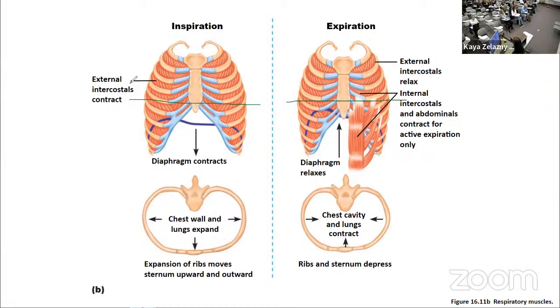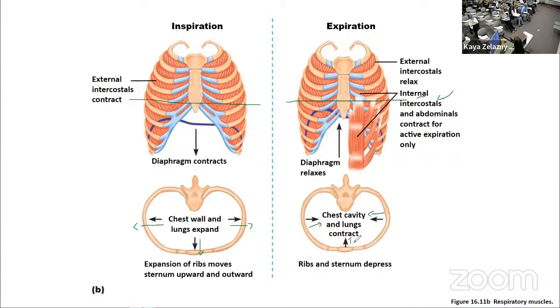Because of those external intercostals, they are going to pull the ribs out to the sides, going up and out. The sternum's doing the same thing, since it's attached to the ribs. The internal intercostals do the opposite thing because they have an opposite fiber direction, so they're going to pull the ribs down and in.